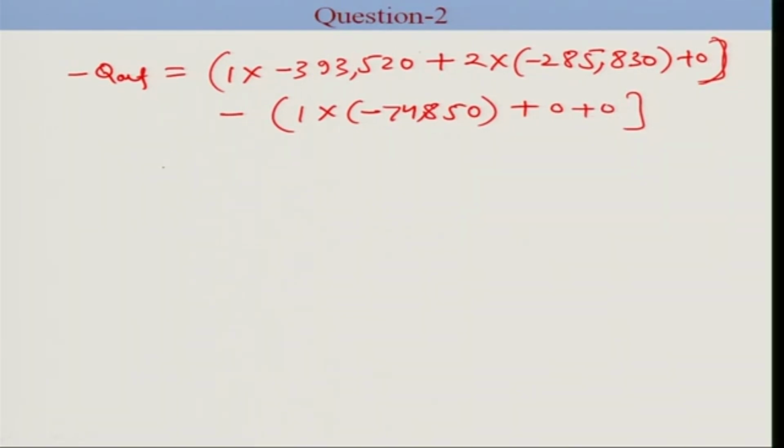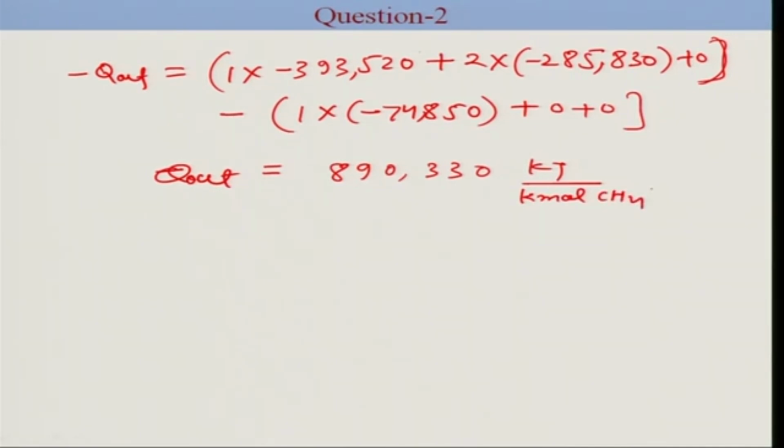So, after solving it, Q out will be 890 kilojoule per kilomole of CH4. Okay. So, this much of heat will come out of the combustion chamber.